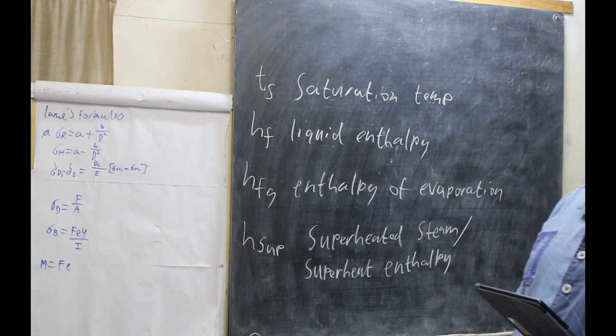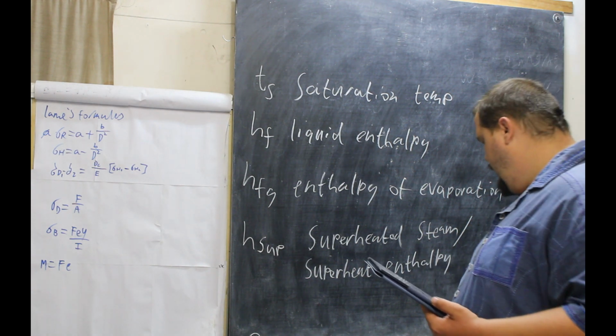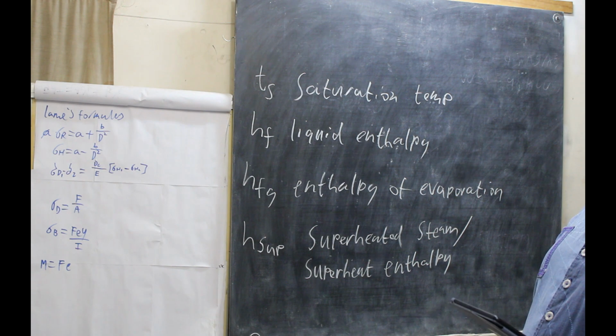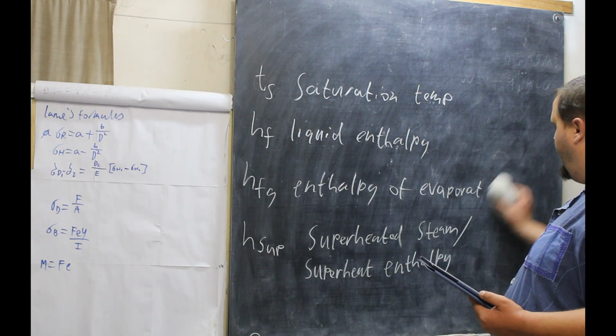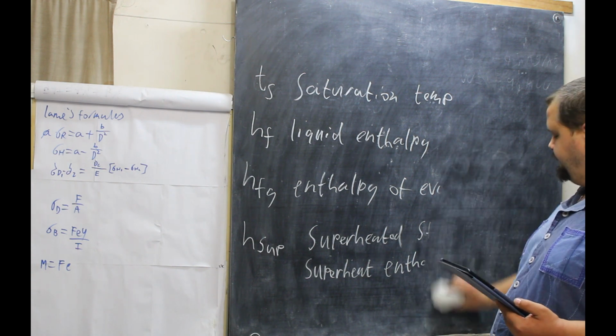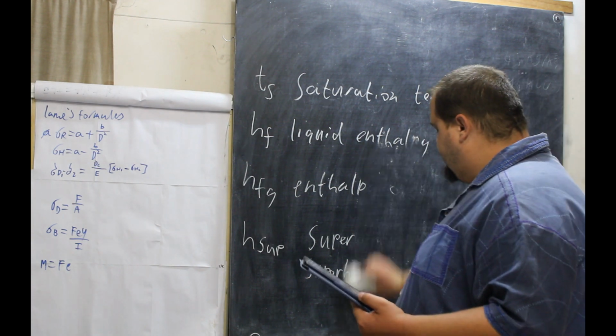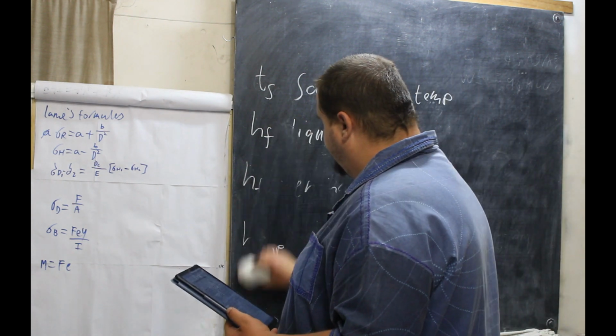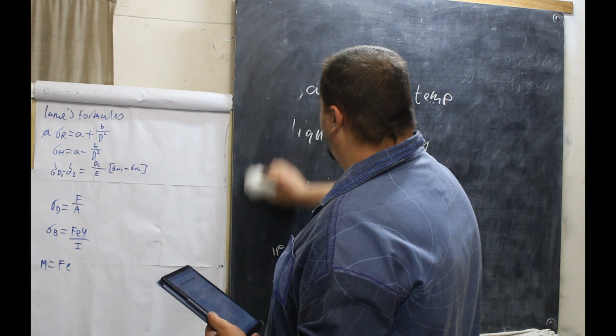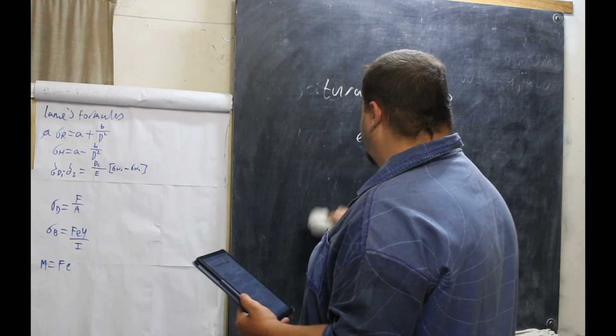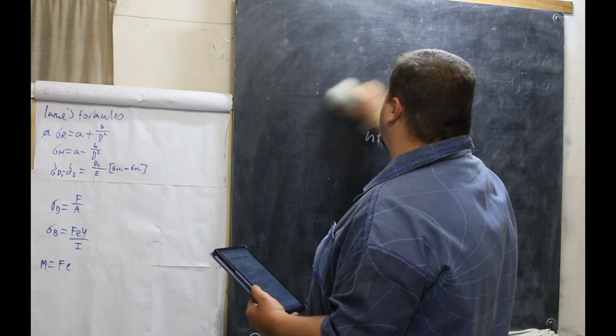Now we're going to look at the enthalpy tables and what you need to look at when doing these problems that I'll be showing you. First thing we need to realize is that our steam tables are done in a certain order.